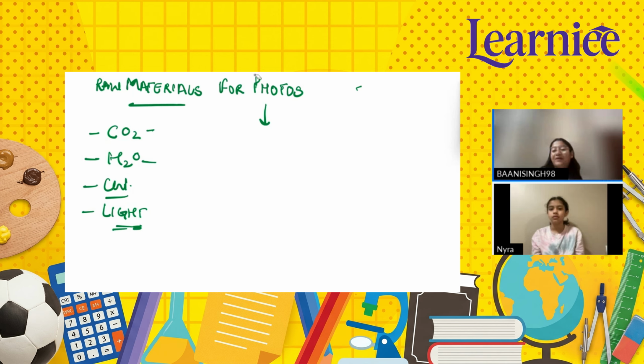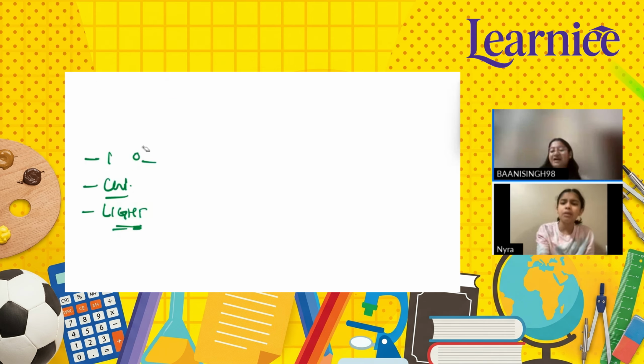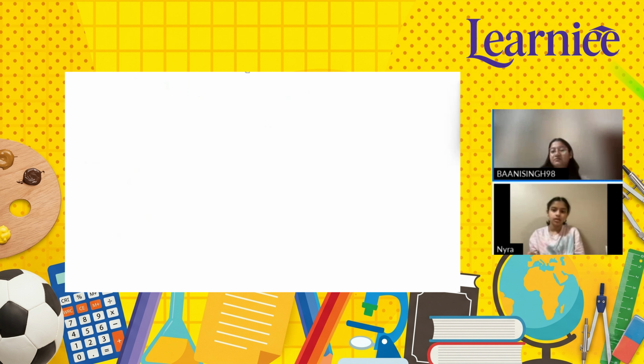Now, do you know what is the chemical equation written for the photosynthesis process? Tell me, what is the product or what are the products of the photosynthesis process? What is formed there?